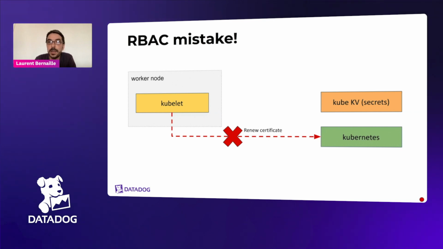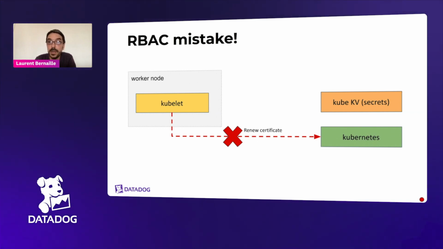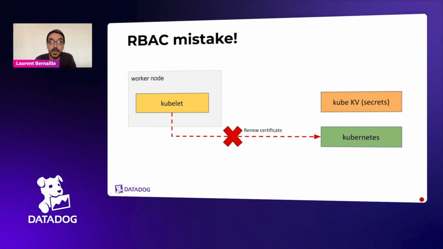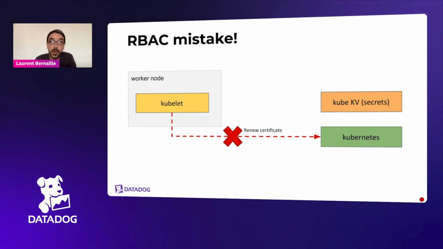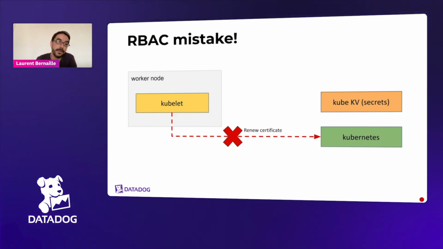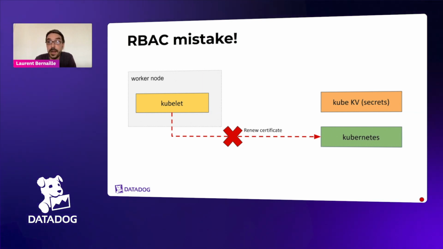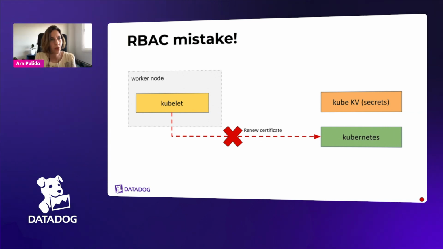However, when you renew a certificate, you use the node certificate to ask for renewal, which means creating the certificate was fine, but renewing it was not possible because the kubelet user was not allowed to. So it was failing to renew. We were lucky because the kubelet was trying to renew the certificate a long time before it was actually too old, which means we had the chance to catch the issue before it became a very bad one.